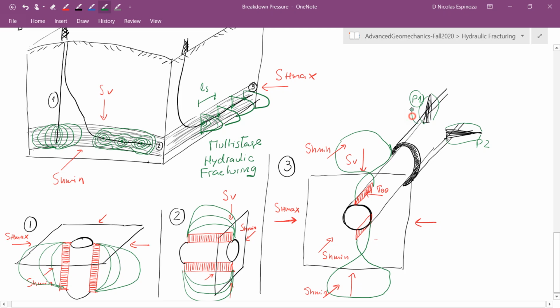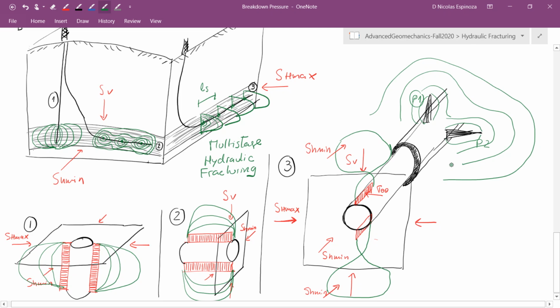And eventually, as they grow, they might grow into something like this that later converts into a hydraulic fracture that is in the same plane and it's perpendicular to the least principal stress, in this case, SH min.